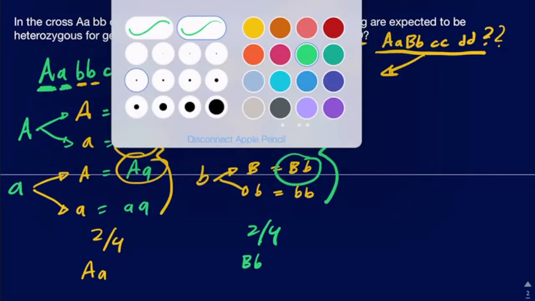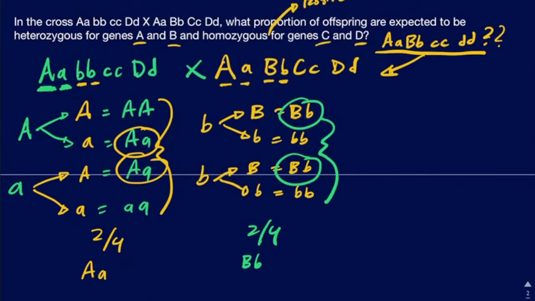Let's move on to the C gene. As it turns out, it will be the same ratio. So mom gives a small copy of the C gene, or a small copy of the C gene, because that's all she has. The dad can give a big copy or a little copy.